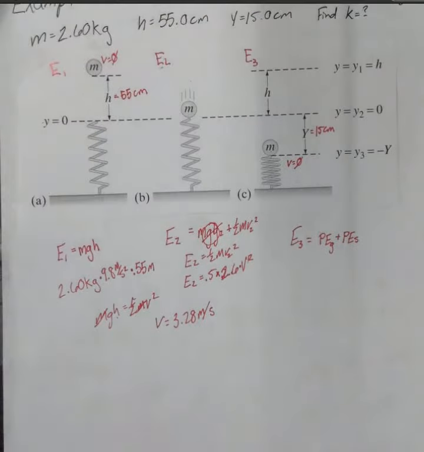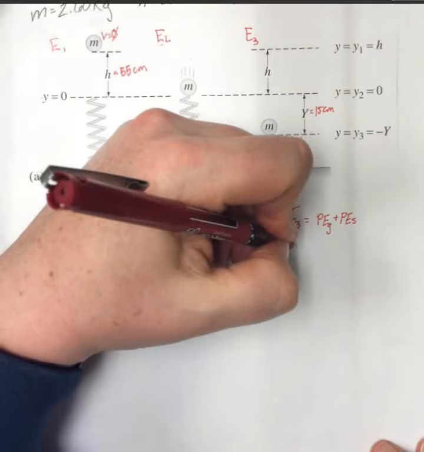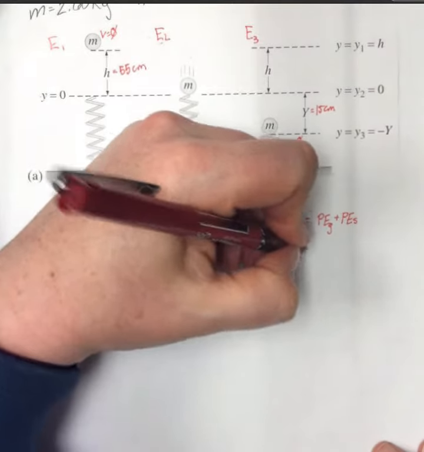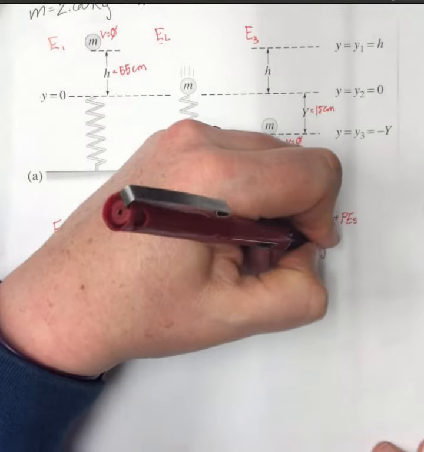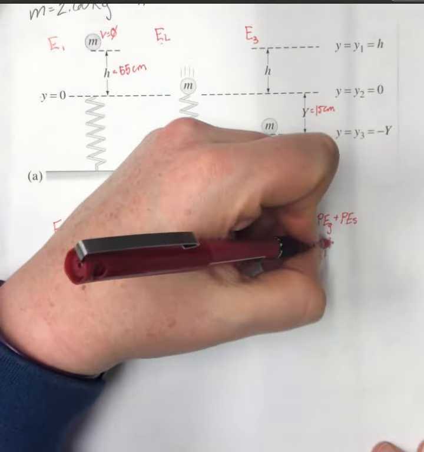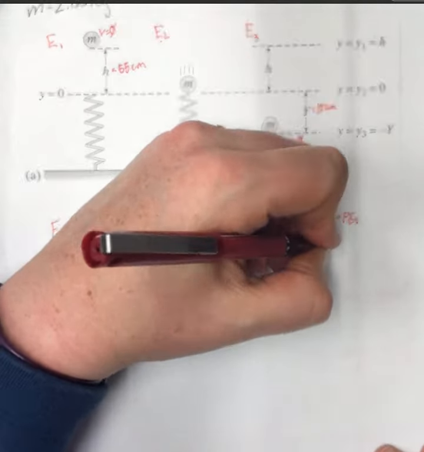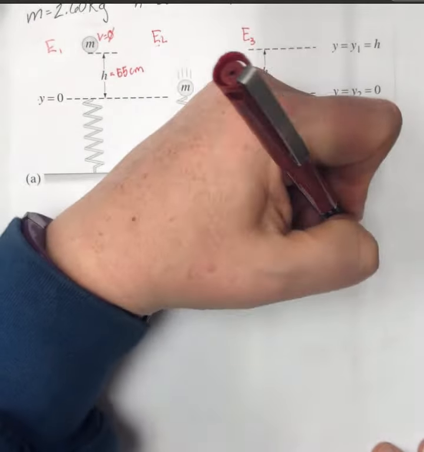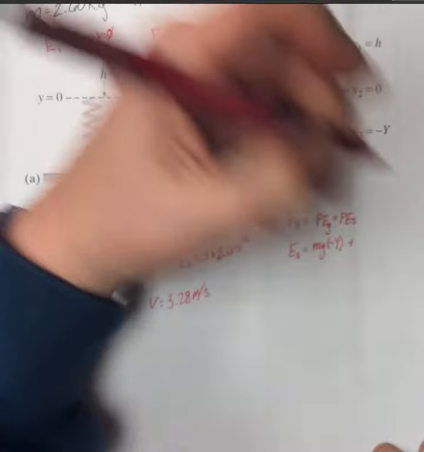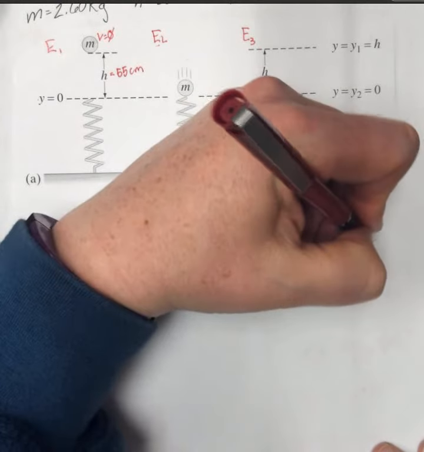Now, we can solve for this because in this situation, the potential energy due to gravity is going to be mg times y, which is actually going to be negative y. And the potential energy due to the spring is going to be 1/2 kx squared.